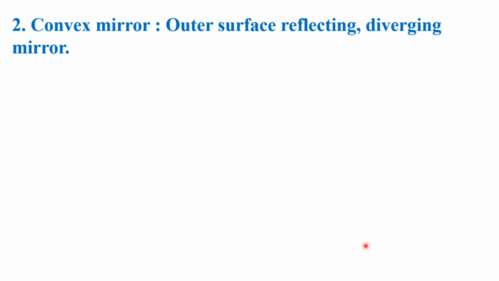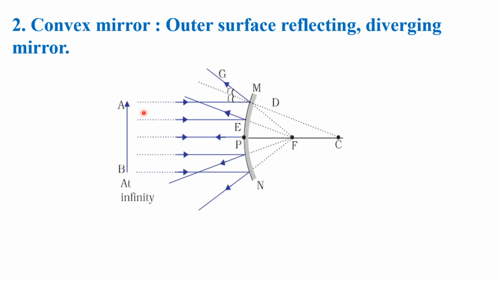Next mirror is convex mirror. Its outer surface is reflecting. It is also called as diverging mirror. So this is the part of the sphere. The sphere is in this manner.